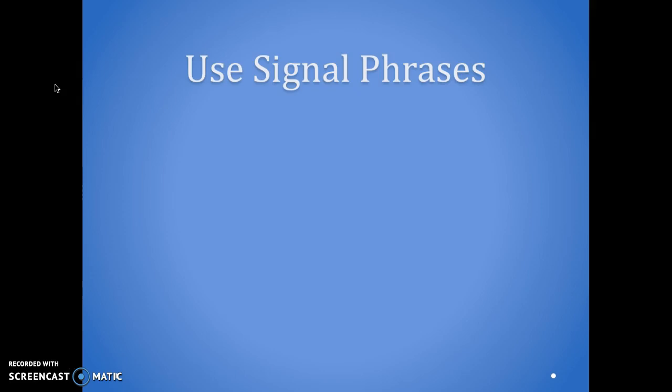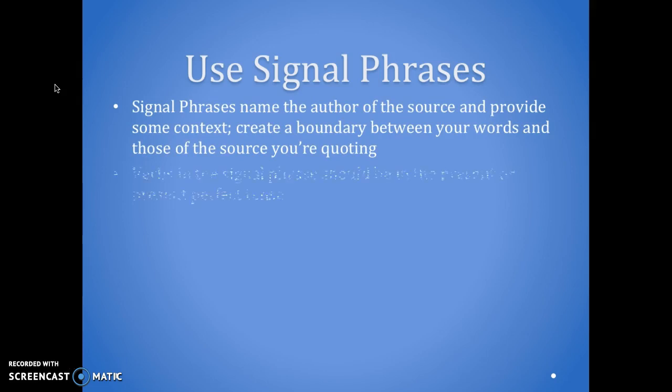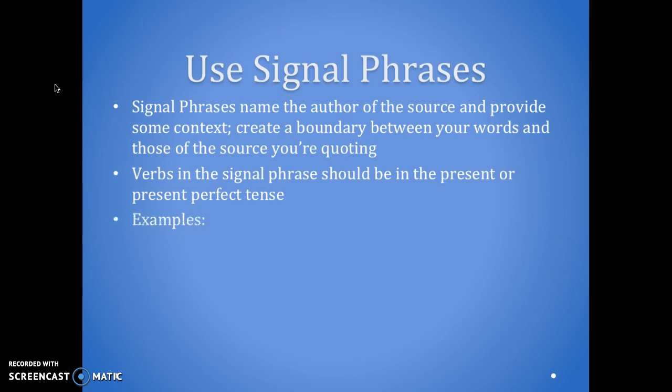Before you introduce your piece of evidence, especially a quote, you'll need a signal phrase. The signal phrase appears after the context and before the quote. They include a subject and a verb, and the punctuation for them varies. Note that the verb in the signal phrase is either in the present or present perfect tense. The present perfect includes have or has plus the main verb.